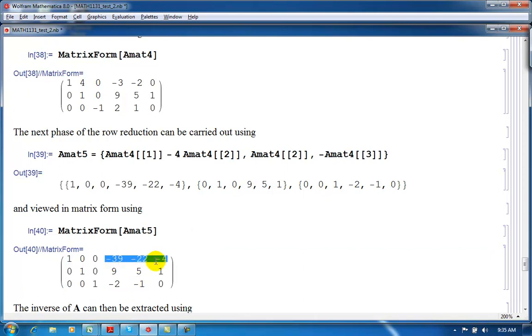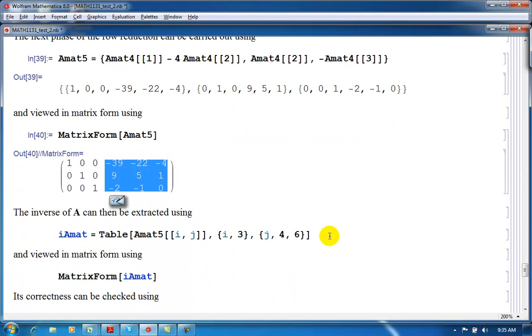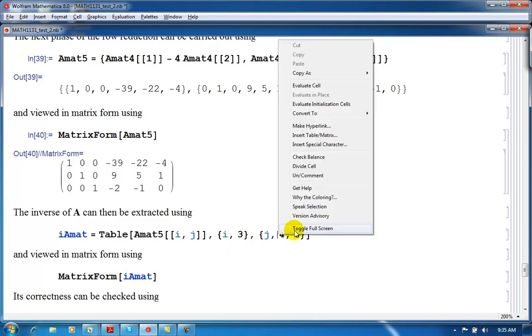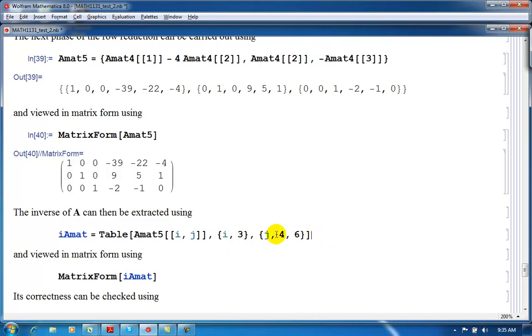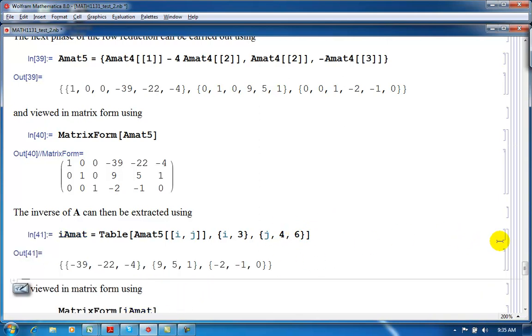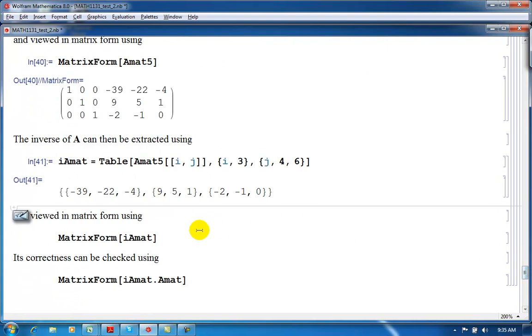So what's over here must be the inverse of the matrix A. We can establish that by pulling out those elements. We take each row of the matrix and the elements in columns 4, 5, and 6, and that gives us the inverse matrix.